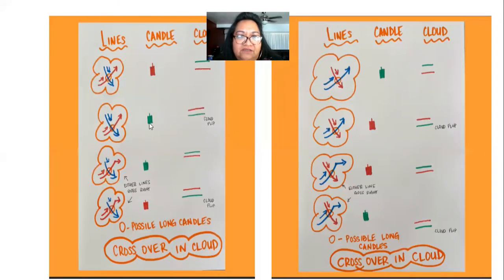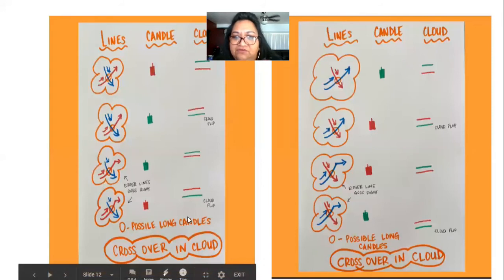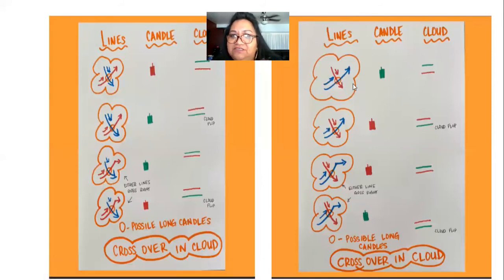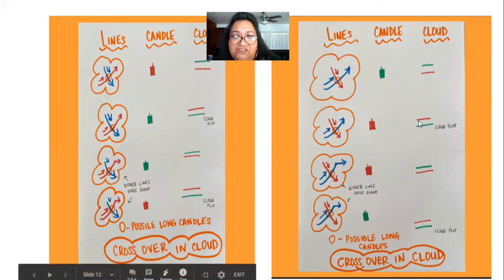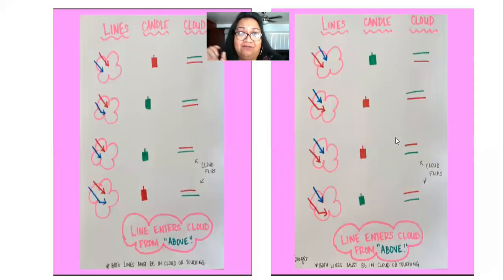The cloud flipped, green, right here, same as here. Went to the right, green, and went to the right, red. Okay, opposite. Watch those zeros. Could give you some nice candles. Same thing, this one here is the red above the blue. Watch your clouds and watch the flipping of it and when it turns to the right. Okay, so that's in the cloud, you all.